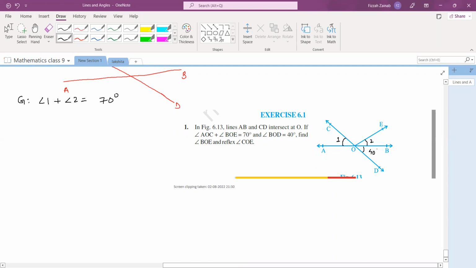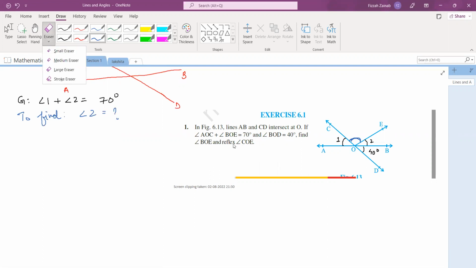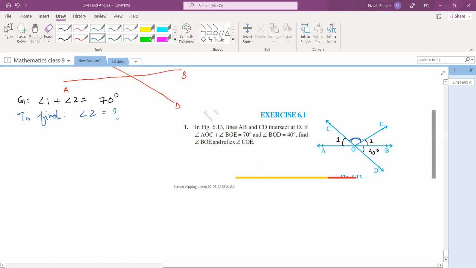This is 40 degrees. Find BOE. Which angle do you have to find? You have to find this BOE. BOE is this angle 2. So you have to find angle 2, right? And reflex angle COE. So this is COE, and then 360 minus COE will be the reflex of COE, correct?